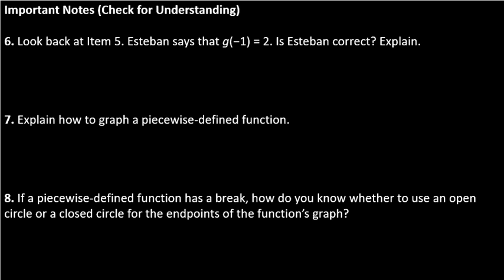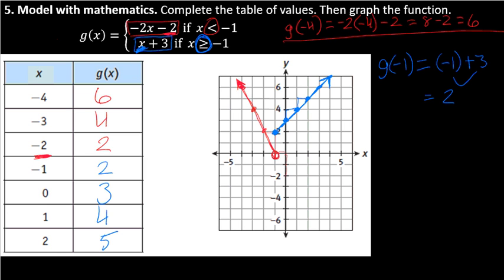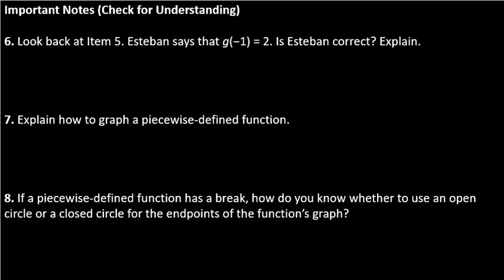So looking back at item 5, Esteban says g of negative 1 equals 2. Is that correct? Well, all we have to do is look back at what we've got. Is g of negative 1 positive 2? And the answer is yes. We know that's true.